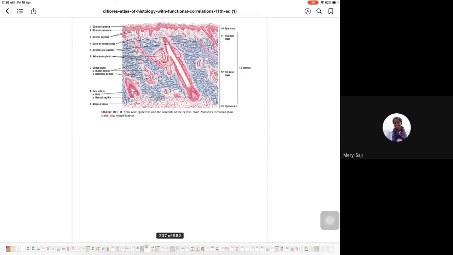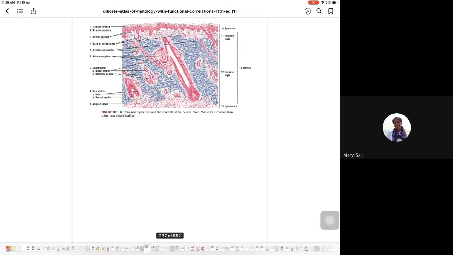In papillary layer of dermis, we have dermal papillae. And then we have reticular layer of dermis showing ducts of sweat glands, erector pili muscles, sebaceous glands, sweat gland with ductal portion and secretory portion, hair follicle showing bulb and dermal papillae. And in the hypodermis, there is adipose tissue.